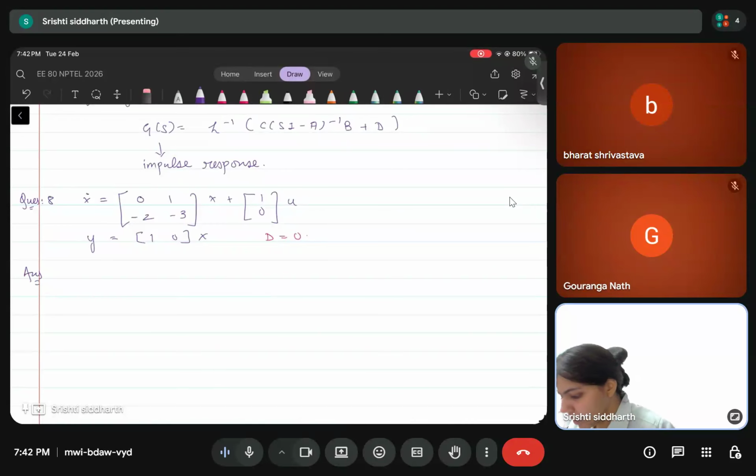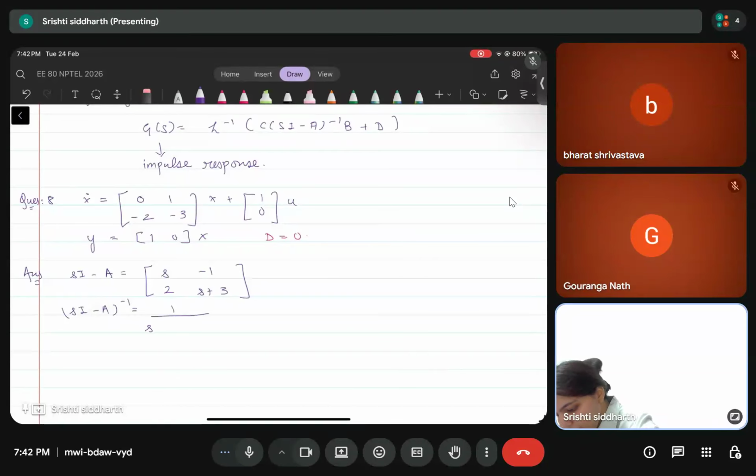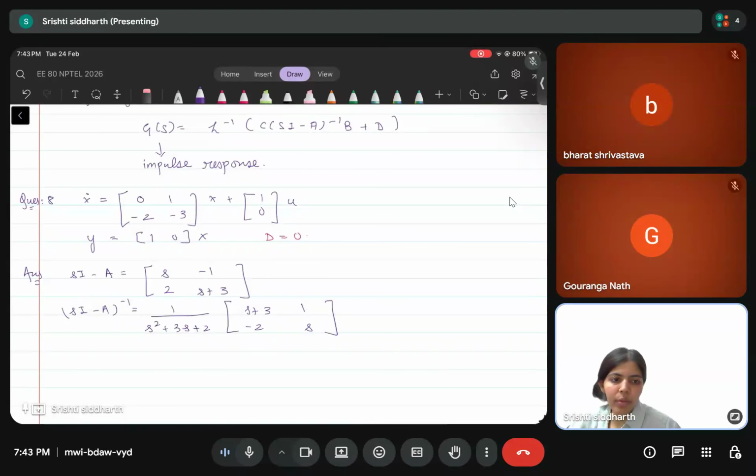I have to compute (sI minus A) inverse. So this is s plus 3, minus 1 and 2, s. So this is going to be 1 upon the determinant, which is s square plus 3s plus 2. And we interchange the entries on the main diagonal, and then change the sign of the off-diagonal elements.